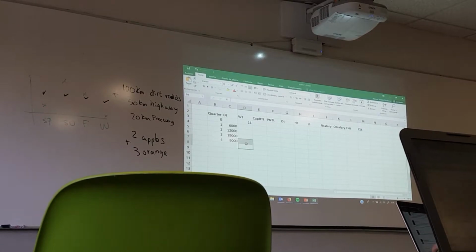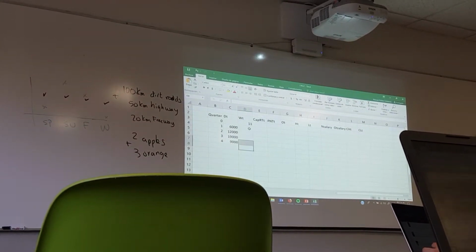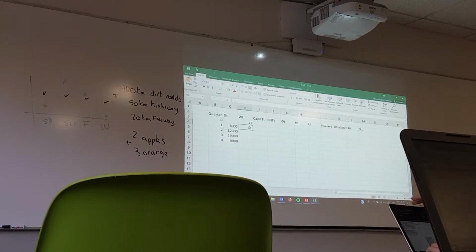Okay, so let us get started. This is the chase strategy with no overtime. How many workers do we need in period number 1? 6,300.